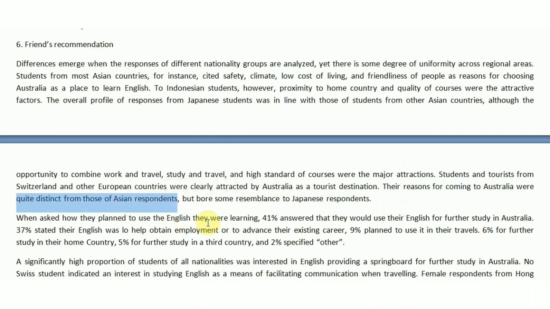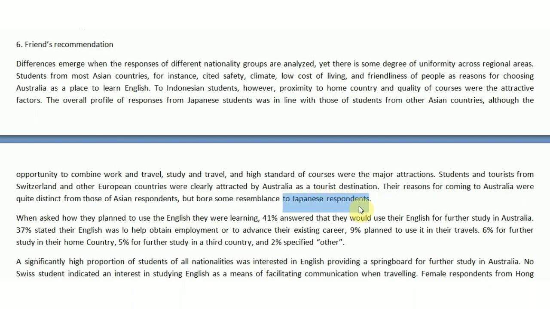So the Swiss students' reasons for choosing Australia were different from Asian respondents, but here comes a but: but bore some resemblance to Japanese respondents. So, okay, resemblance means similarity. So Swiss students' reasons were quite similar to those of Japanese respondents, as Japan is also a country of Asia.